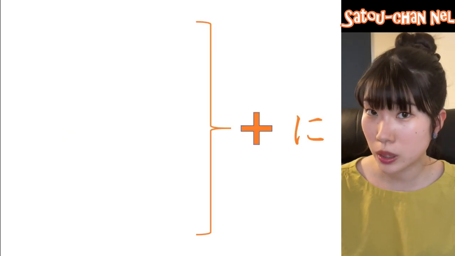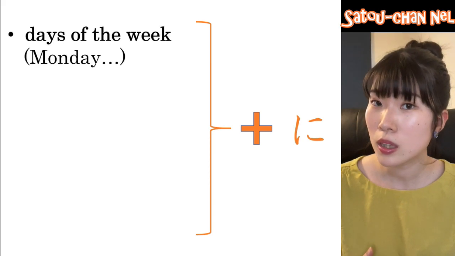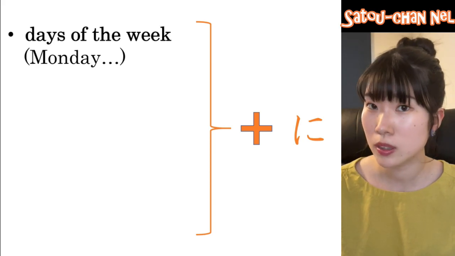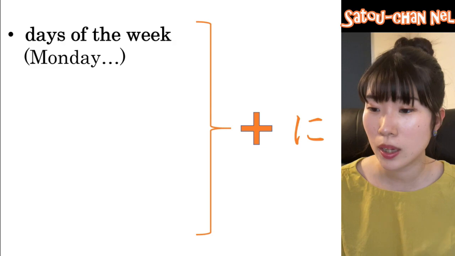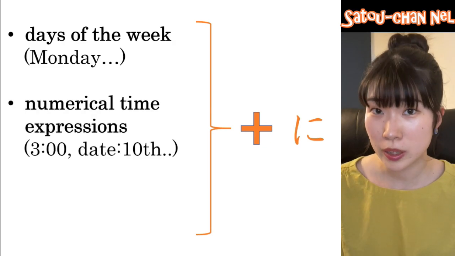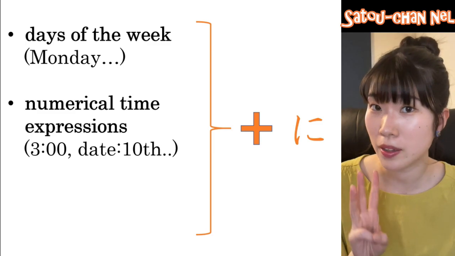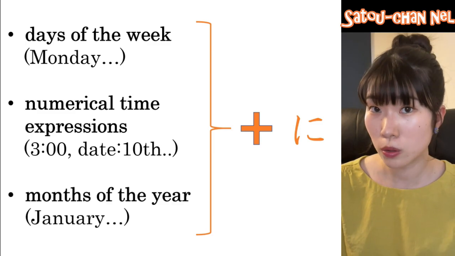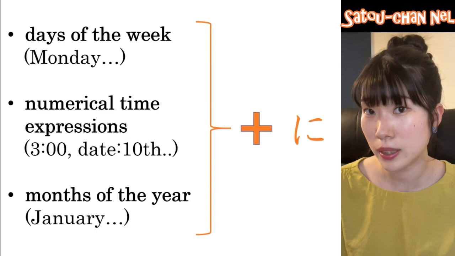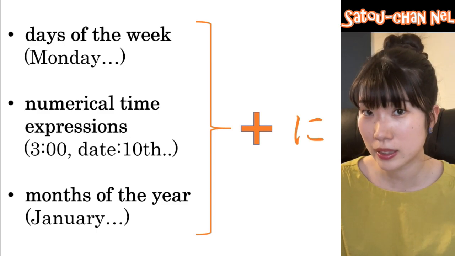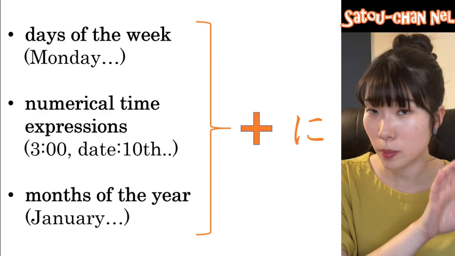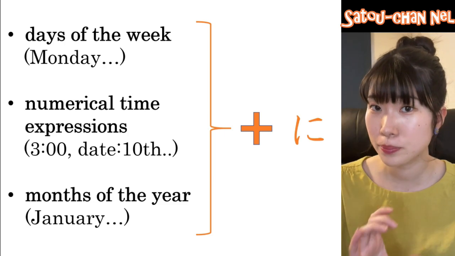The particle に follows days of the week, like Monday, Tuesday, and numerical time expressions like 3 o'clock, or dates like 1st, 2nd, 3rd. And ni also follows months of the year, like January, February. So particle ni can be used after these words.